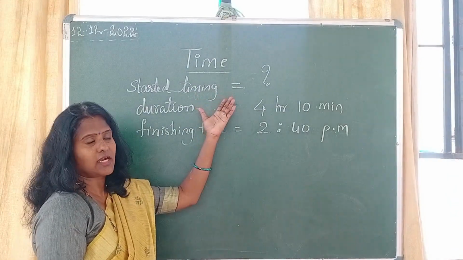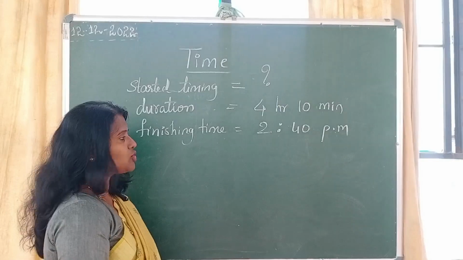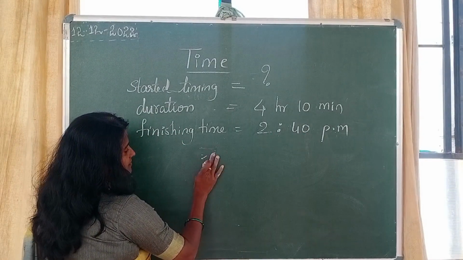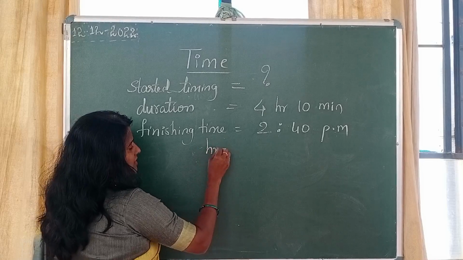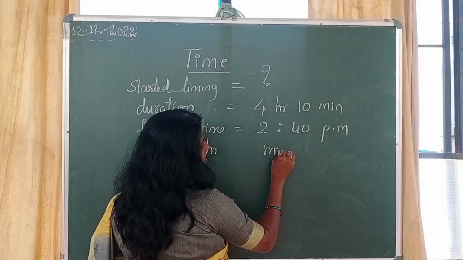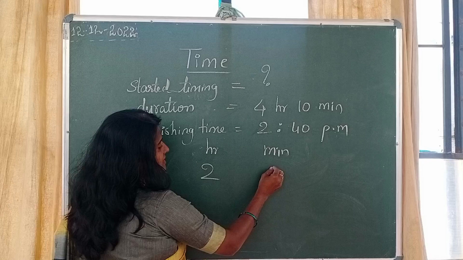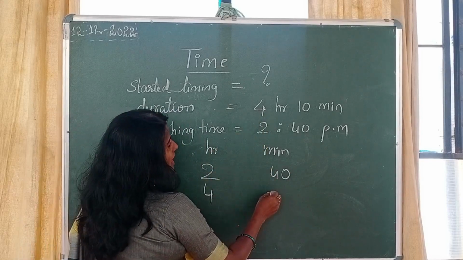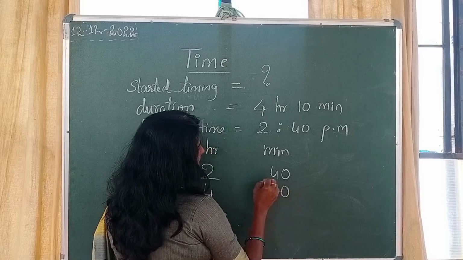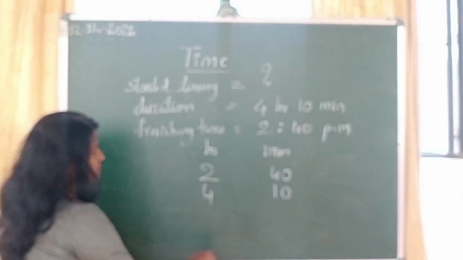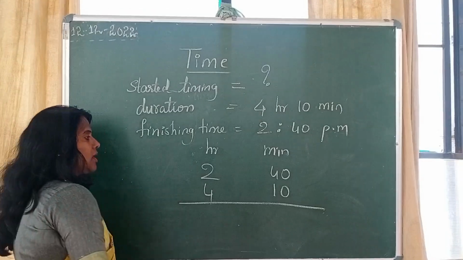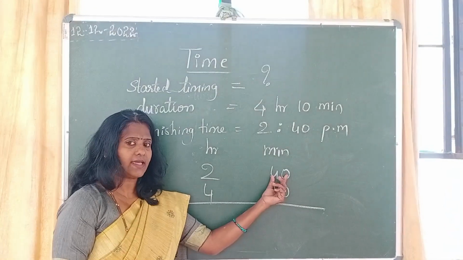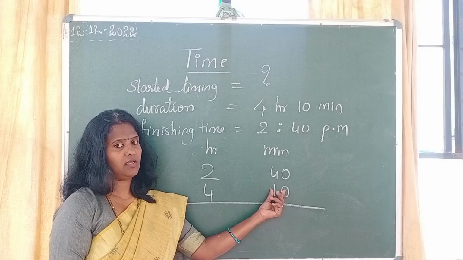So how to find the starting time? I have told you, write hours here and minutes. 2 hours 40 minutes. From that you have to subtract 4 hours 10 minutes. See, from 40 of course I can subtract 10.